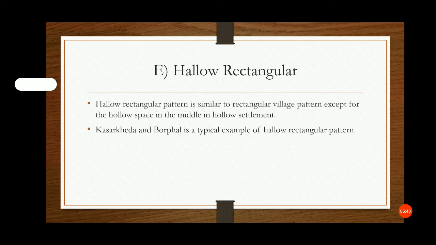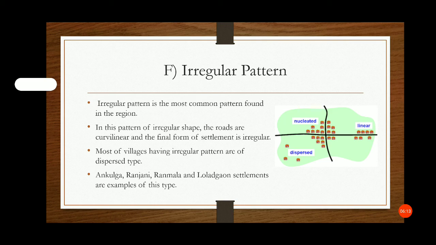Hollow rectangular. The hollow rectangular pattern is similar to the rectangular pattern except for the hollow space in the middle of the settlement. Kasarkheda and Bhopal are typical examples of the hollow rectangular pattern.